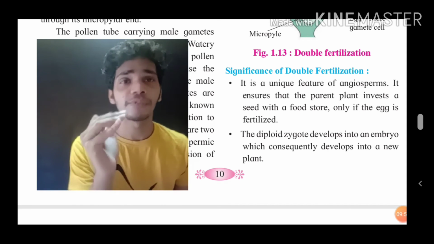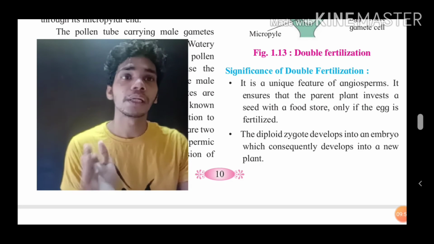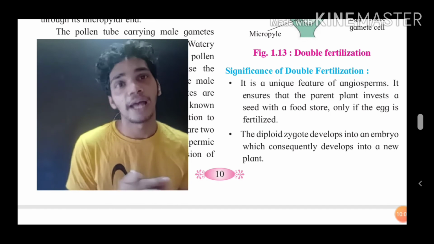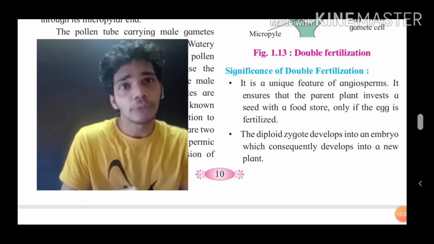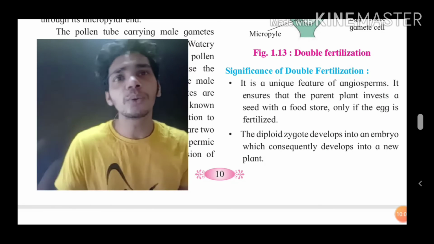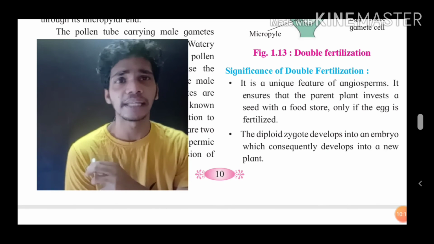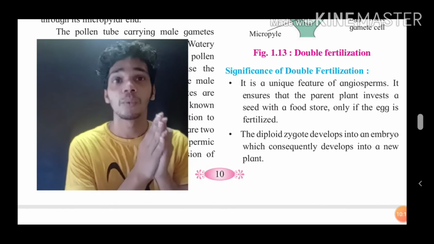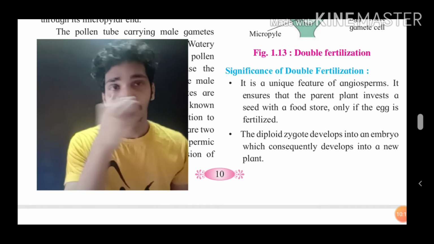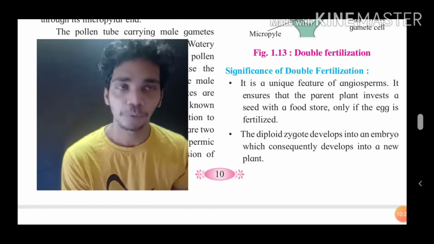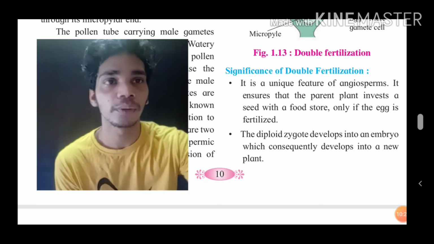Double fertilization ensures that the zygote will develop into a new plant, and the growth of the cell requires nutrition, provided in the form of a food reservoir. So the first point is very important: a unique feature of angiosperms, and it happens only if the egg is fertilized.